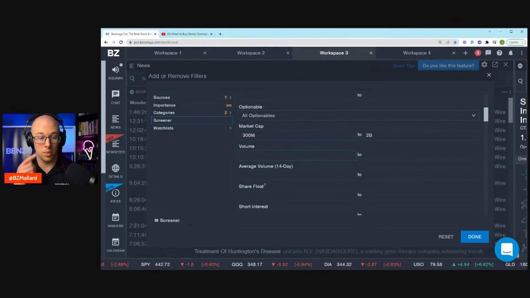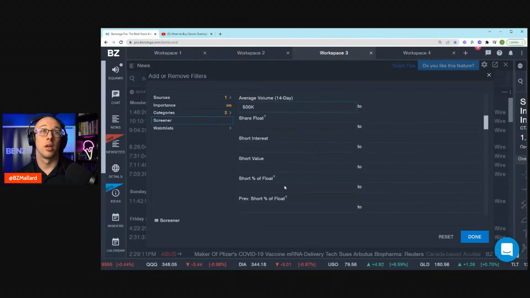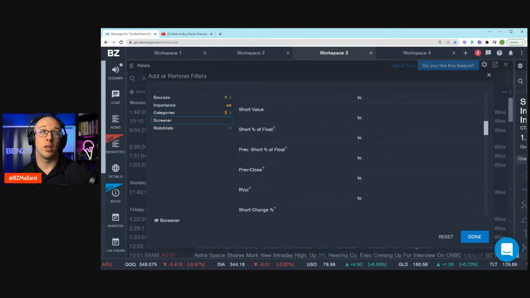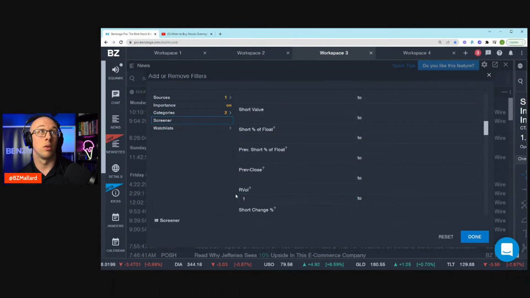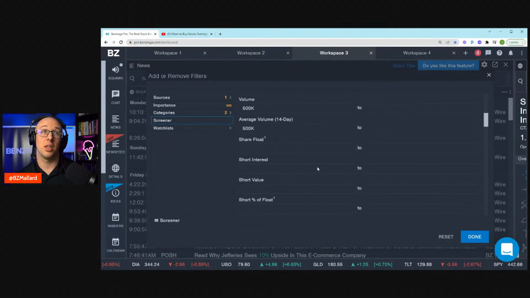Then for volume, let's set that at 500K. Average volume 500K, and relative volume at least one. All right, so that's a lot of filters there.